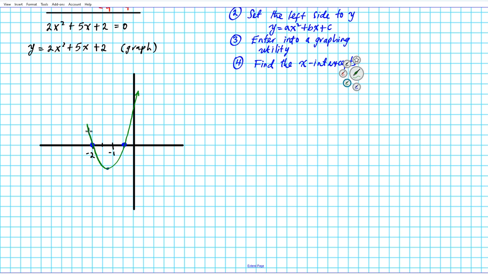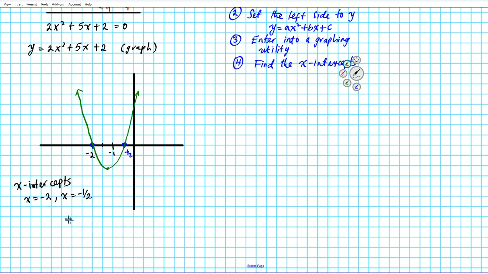So what you just have to note here is that the x-intercepts are your solutions. Here is negative 1/2. So our x-intercepts are x equals negative 2 and x equals negative 1/2.